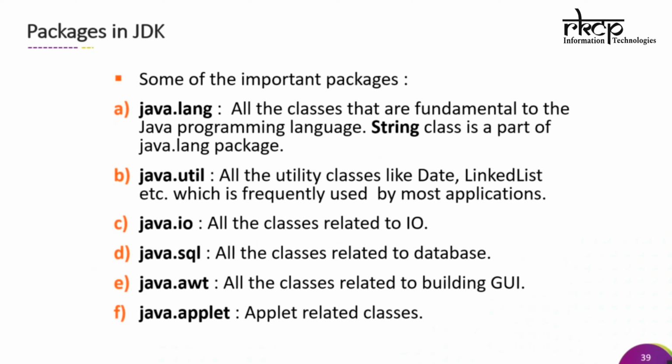You all use the String class and System.out.println. The System class and String class are available inside the lang package, java.lang. Likewise there are the util package, IO package, SQL package, and AWT. These are all packages Java has given you to use in your programming.